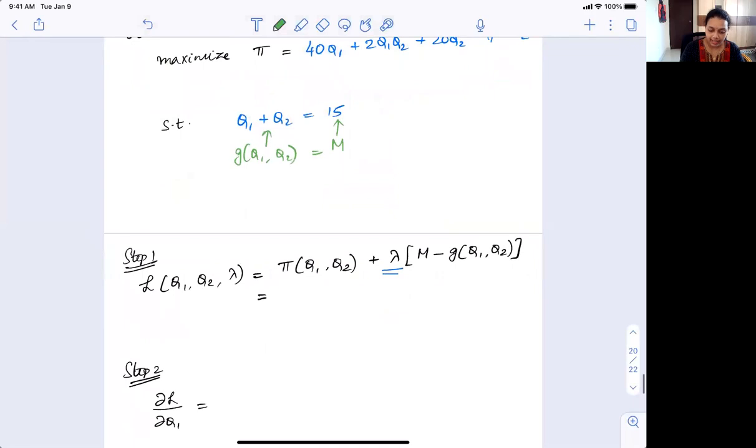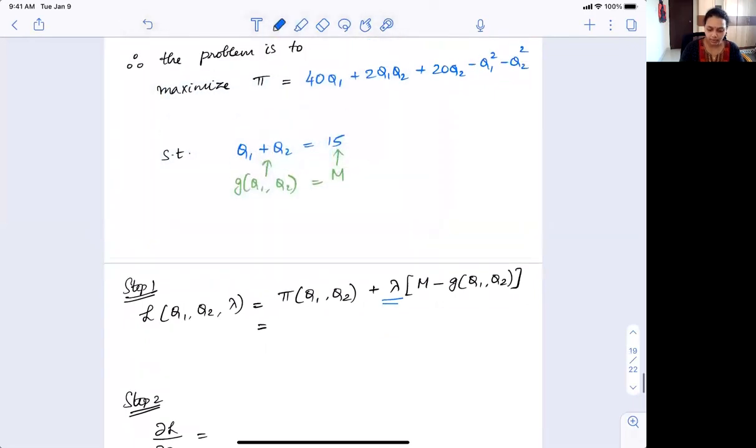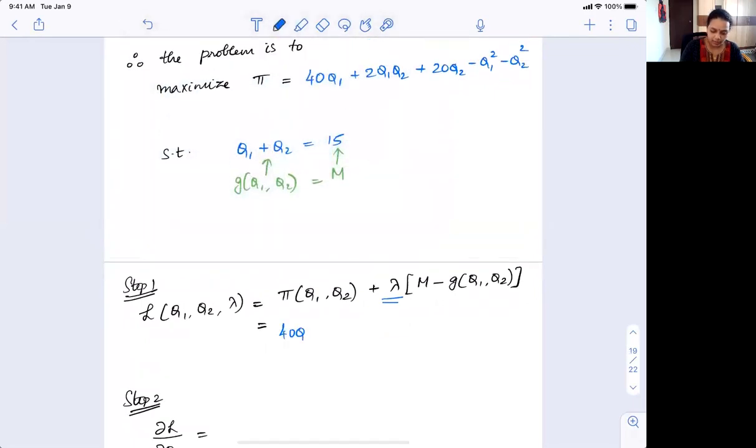So your Lagrangian function is actually just going to be 40 Q1 plus 2 Q1 Q2 plus 20 Q2 minus Q1 square minus Q2 square plus lambda into 15 minus Q1 minus Q2.